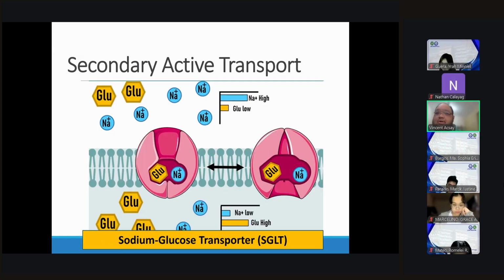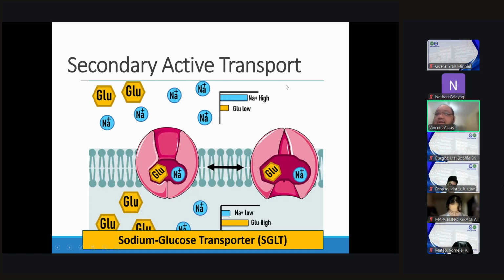So if you remember from your proteins lecture, sodium glucose transporter moves glucose from an area of low concentration to a high concentration. So this is against the gradient. But this is done through the facilitation of a high sodium gradient to a low sodium gradient environment. So you're able to pull glucose in against the gradient without using ATP because you are using the energy from the transport of sodium from a high concentration to a low concentration.